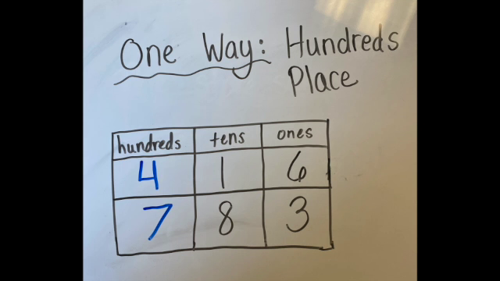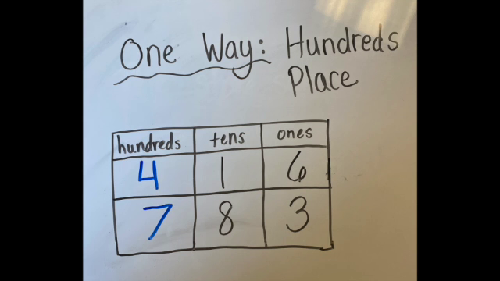And now here comes the estimating or the rounding part of this strategy. So I'm going to take a look at 416 first. And 416, I have to think, is it closer to 400 or is it closer to 500? When I take a look at the tens place, oh my goodness, the tens place is only a 1.